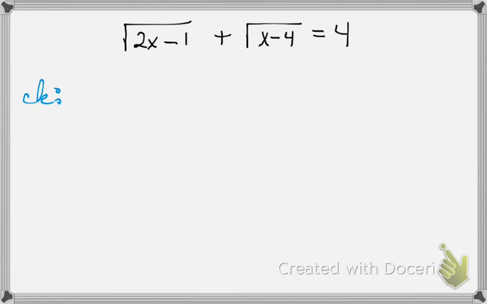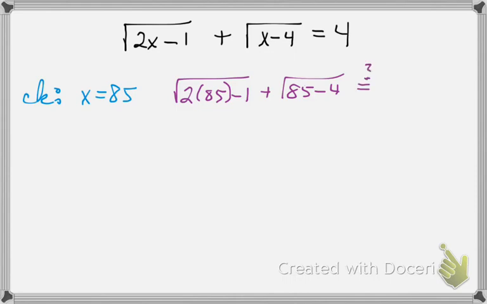85. All right, let's do 85 first. If we plug in, that's going to be the square root of 2 times 85 minus 1, plus the square root of 85 minus 4, and we're hopeful for a 4.